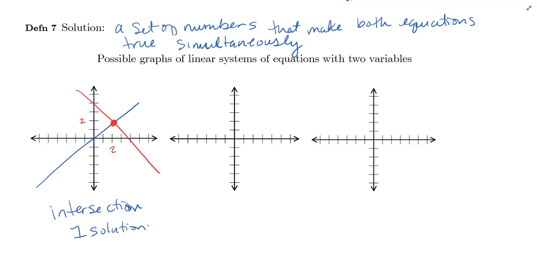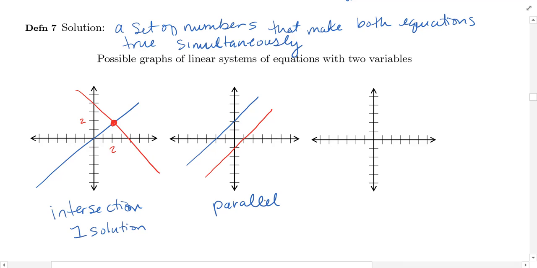Another option we can have is if these 2 lines run parallel to each other. So if they are parallel, as you can see from the graph, they don't intersect. So we have no solution. And while this might be disappointing, it's also at least a concrete answer.